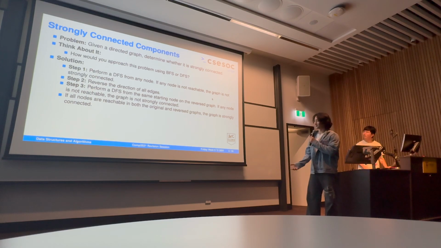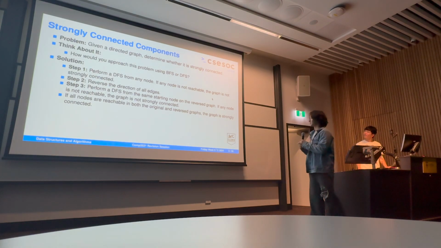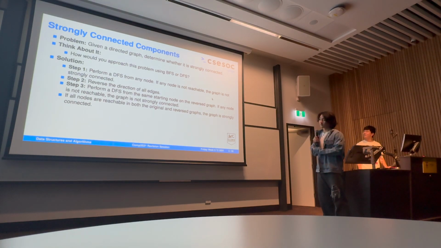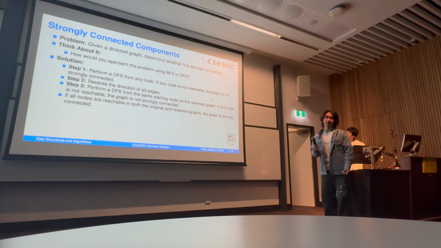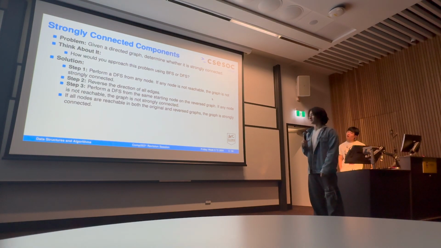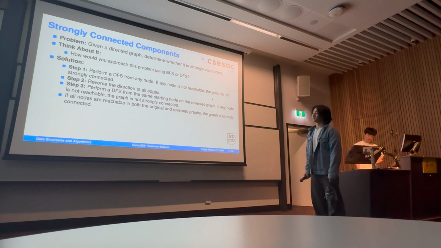But here's a solution. We want to perform a DFS from any node. If any node is not reachable, the graph is not strongly connected, right? Because the DFS needs to reach every single node, and if in your visited array something is unvisited, then the graph is not strongly connected. Now, this does result in a problem.